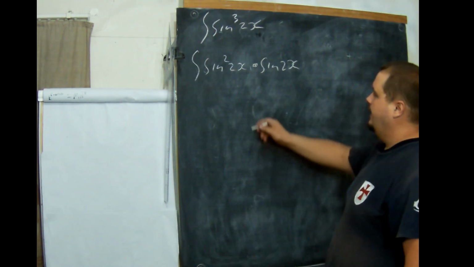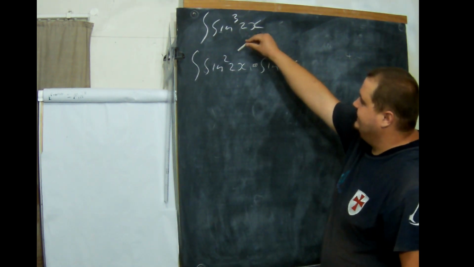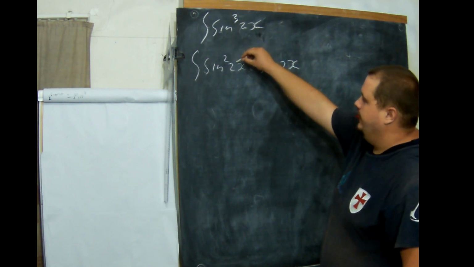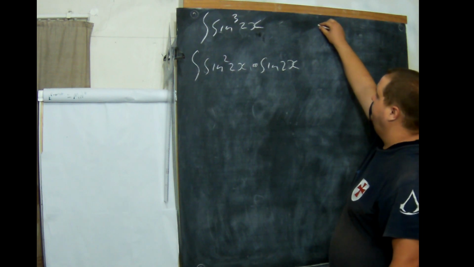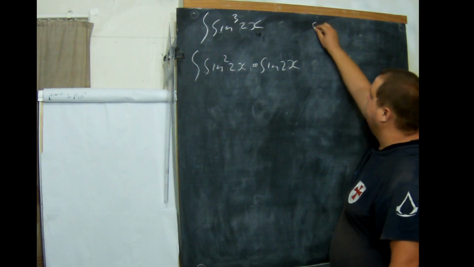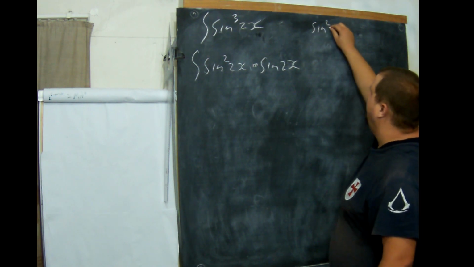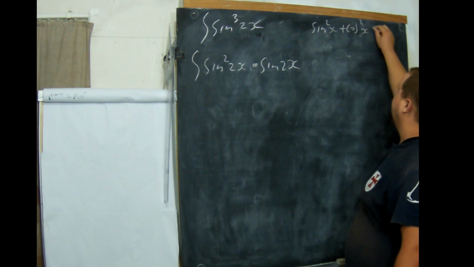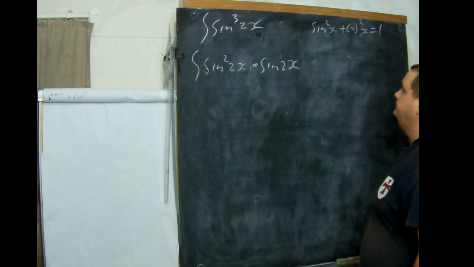Now, the identity of sine squared 2x. If you remember your identities, sine squared x plus cos squared x equals 1.